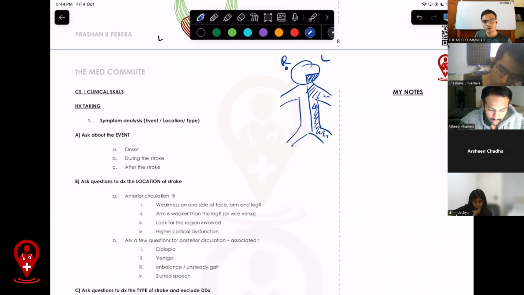Say, okay, what can't you do? He will say, I can't lift something. Okay, which hand, right hand, left hand? Isolate and go. Locate what side his problems are on, because you all know the contralateral side is the affected side, the contralateral side is the lesion side. So in your symptom analysis, the first thing is to ask about the symptom.